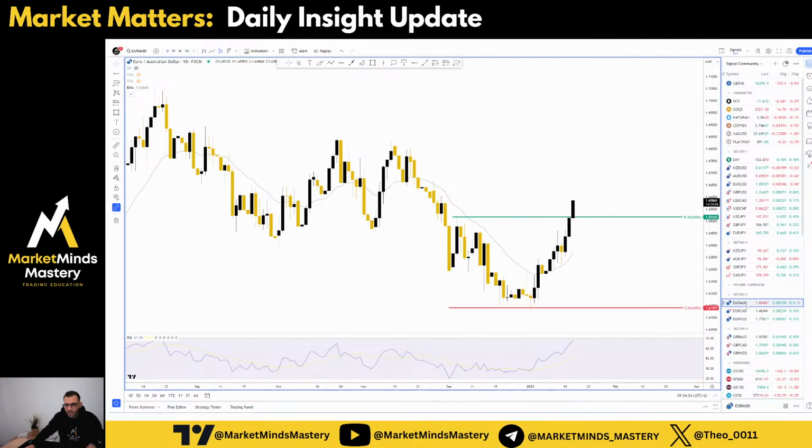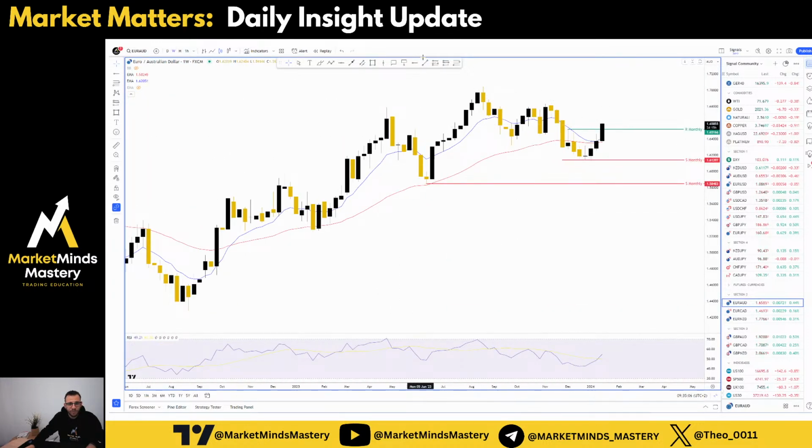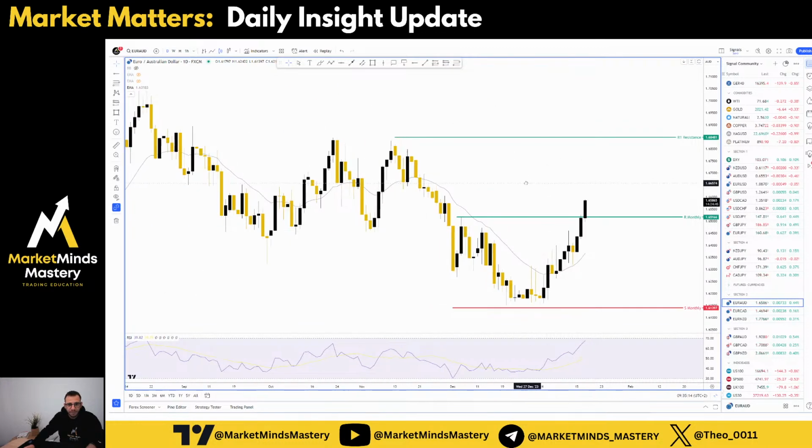So next one, Euro Australian dollar. This made a nice directional move. So the next, if we are trading on the daily chart, we can get the levels from the weekly chart, and here is a strong level of resistance, if we can call it R1. This one, go back to the daily.